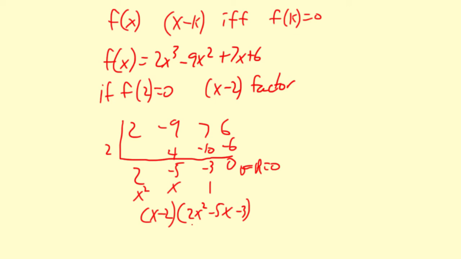So now what I can do to continue factoring is I can factor this trinomial here, and that's factored by grouping. So multiply the 2 times the -3, that makes -6. Factors of -6 that add to make -5, that's pretty easy, -6, +1. So then I can do my factoring.